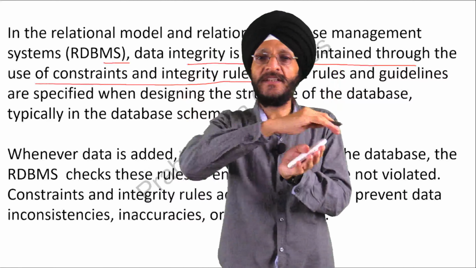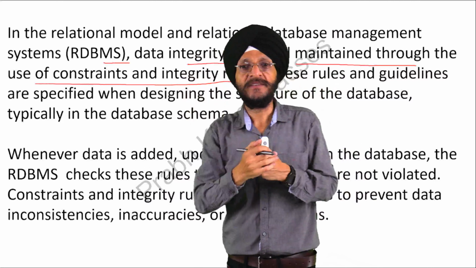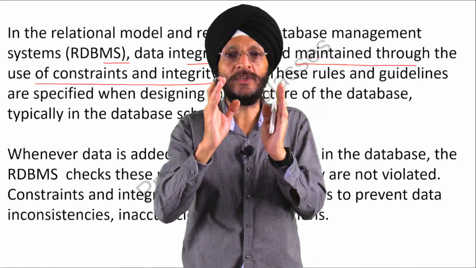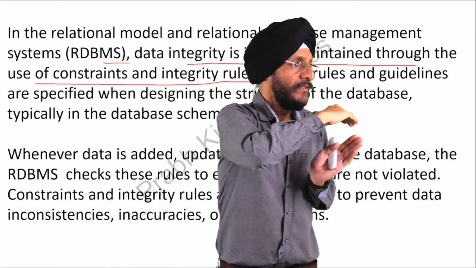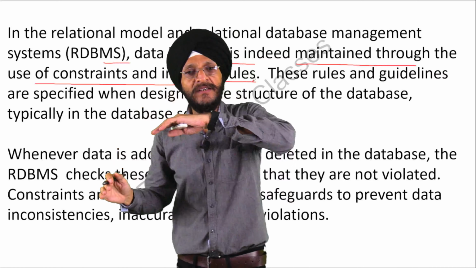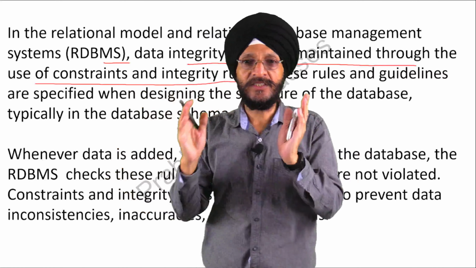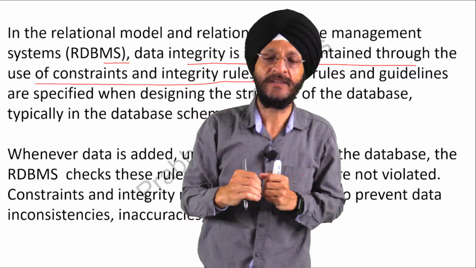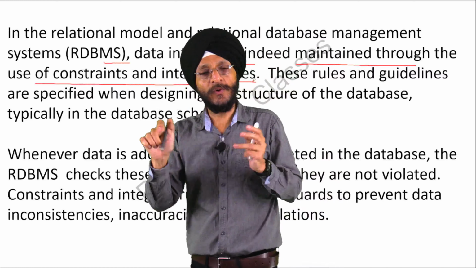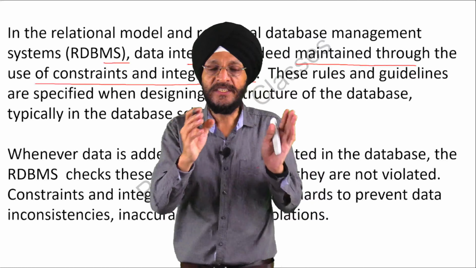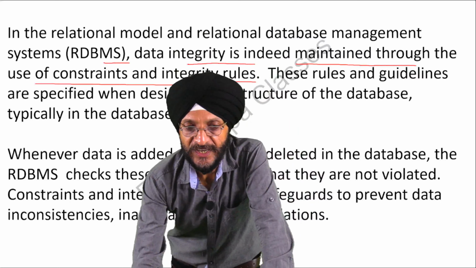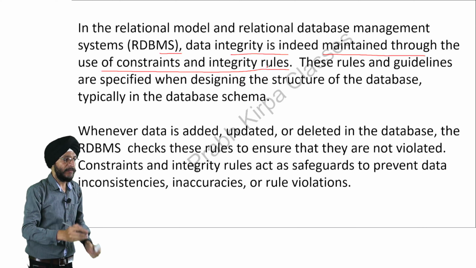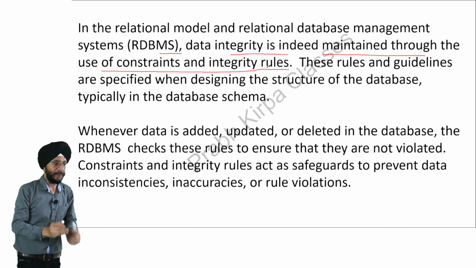These types of traffic signals or other types of signs which appear to us on the roads are there to ensure that there are no accidents and the general public is in a position to safely commute from one place to another. So in the same way, these types of constraints and integrity rules in the relational model ensure data integrity.